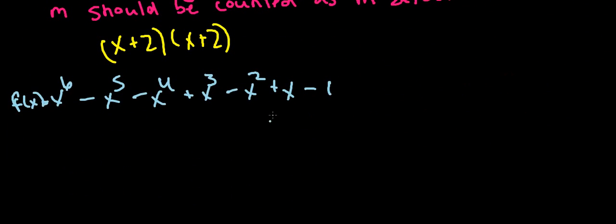So if we want to find the positive zeros, we have to look at the changes in sign. According to this rule, the number of positive zeros is equal to the changes in sign of the function f of x, or some number that is less than that by an even integer. So let's start here. X to the 6th is a positive coefficient. This is a minus, this is a minus, this is a positive, this is a minus, this is a positive, this is a minus.